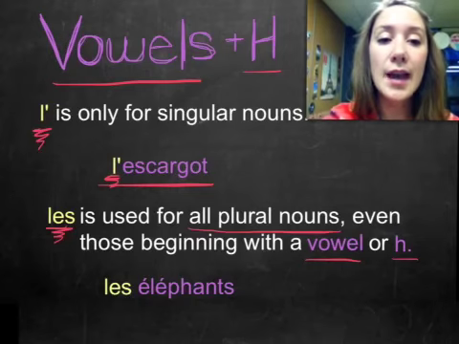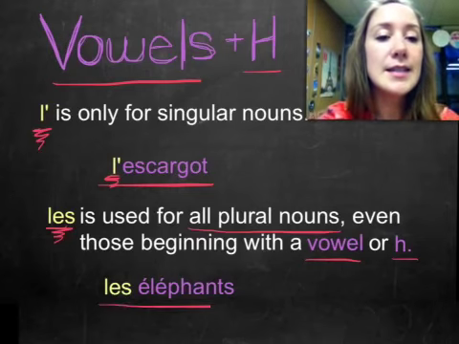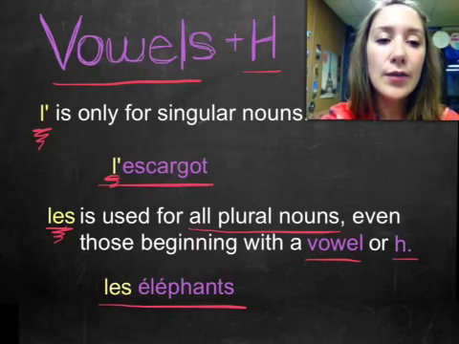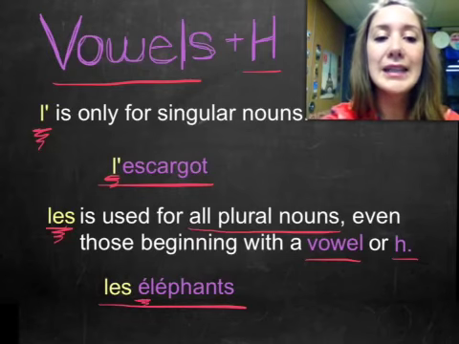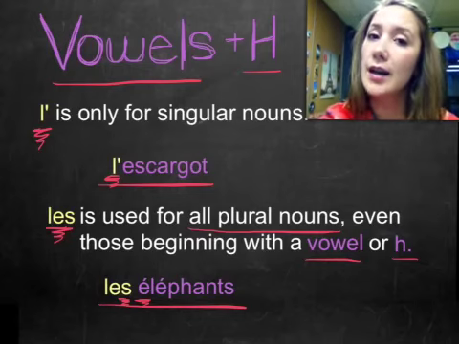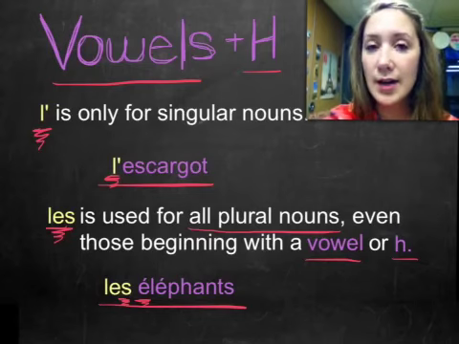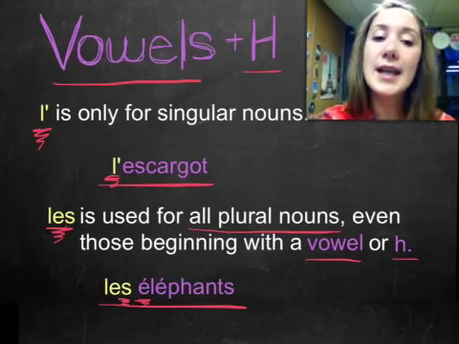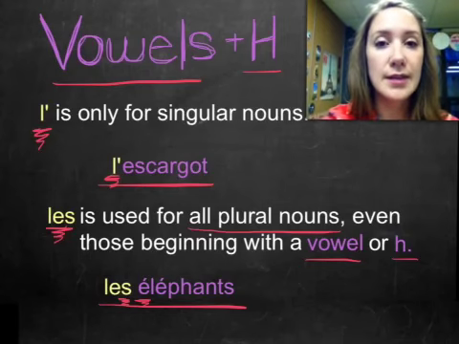If we want to say the elephants, we'll say les éléphants. We have a vowel, but les ends in a consonant, and so we don't have to create an apostrophe. We can make this sound pretty all on its own. Les éléphants, the elephants.